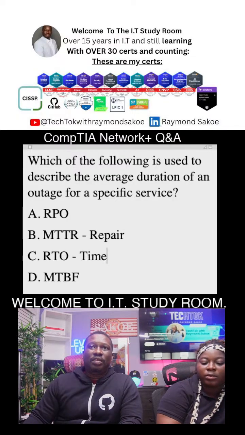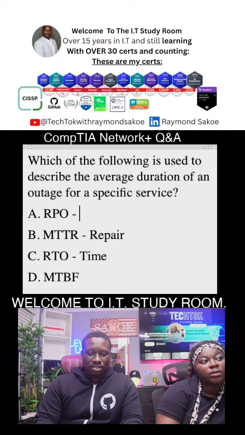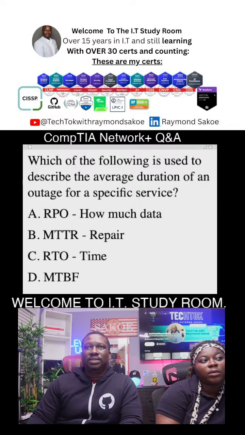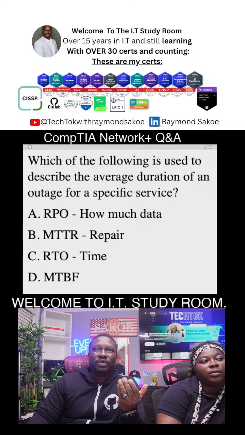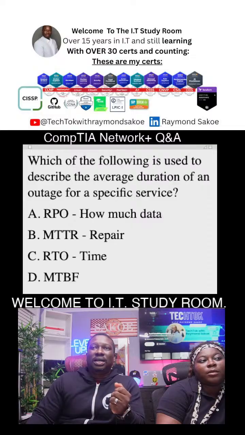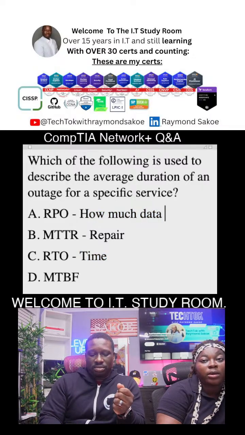And then the RPO, recovery point objective, is usually how much data the company is willing to lose if there's some sort of disaster. So the RPO deals with how much data, and the RTO deals with time.